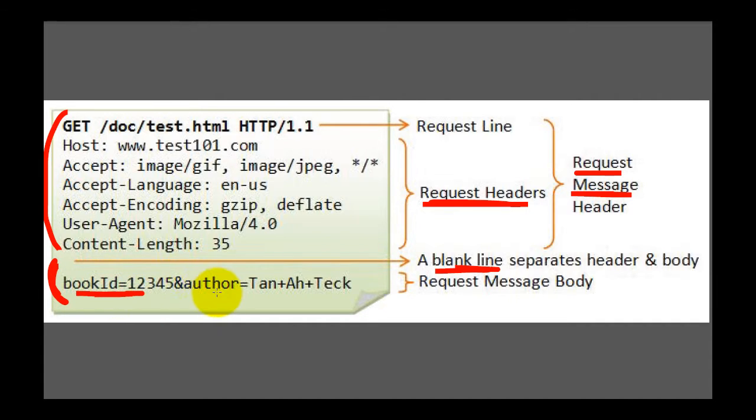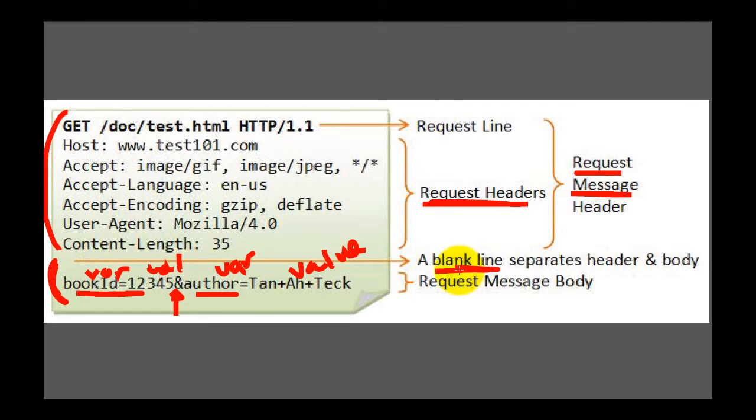In this case, book ID, a separator between 2 fields, and the author. The fields are made in pairs, variable and value. So this is a variable and this is a value.